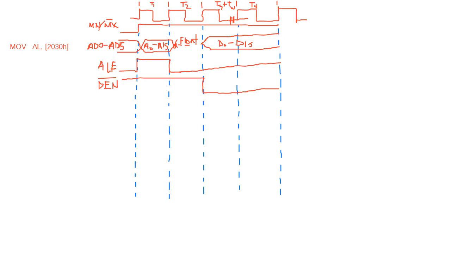And then what about the data transmit/receive signal? In a read operation, data is coming to the microprocessor. You can see here MOV AL, [2030], so from memory read operation, it's coming to the AL register, which is part of the microprocessor. That means the microprocessor is in receiver mode, so it becomes low.